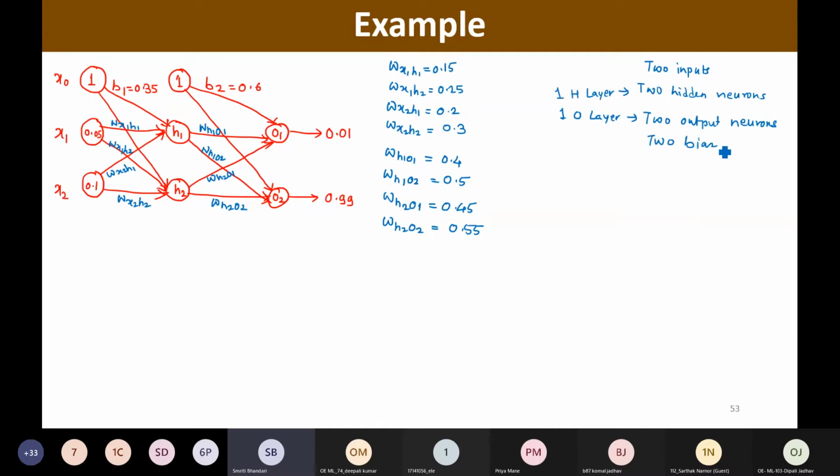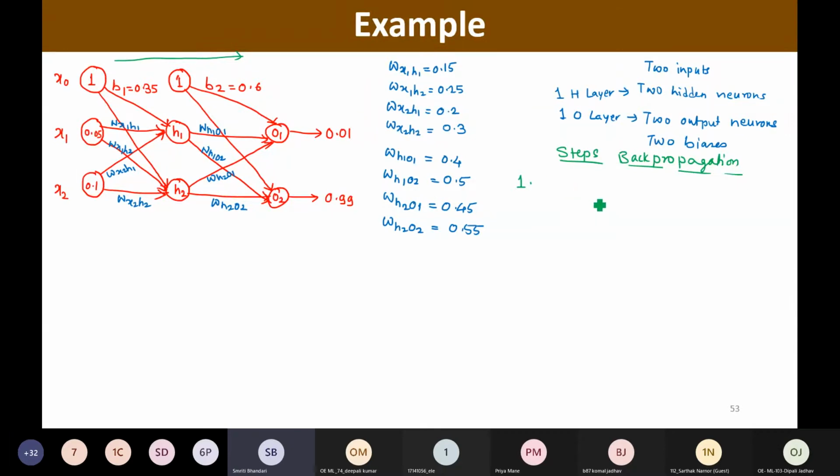Now we would like to learn, and we are going to make use of back propagation algorithm. So what are the steps in back propagation algorithm? Initially, step number one, we are going to move in this direction to find out the observed output.